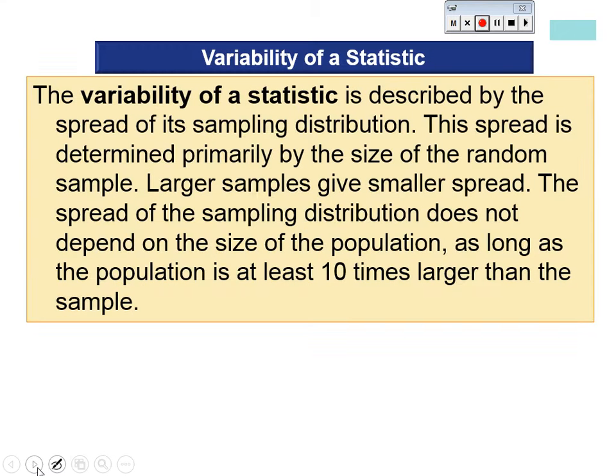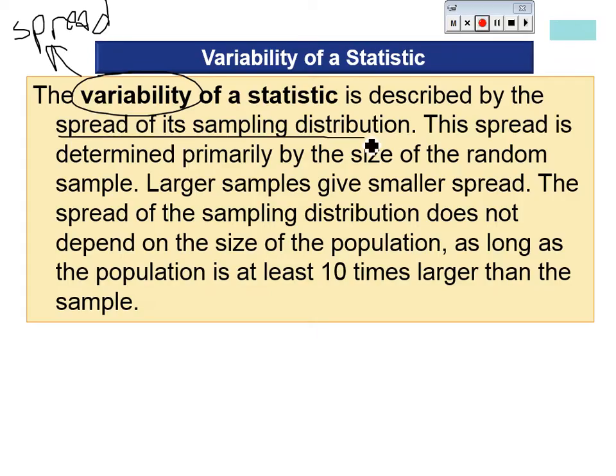In terms of the variability of a statistic, we're measuring this as spread, and typically we measure spread using standard deviation. The variability of a statistic is described by the spread of its sampling distribution. This spread is determined primarily by the size of the sample, and as we said before, larger samples give smaller spread.